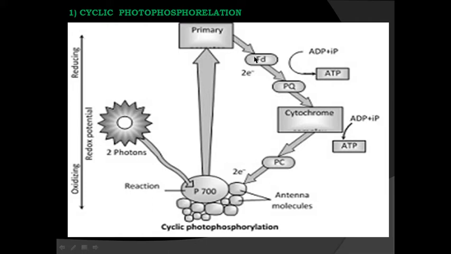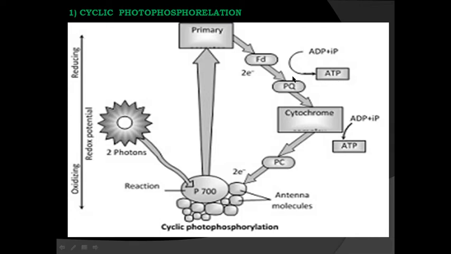Now it moves towards ferredoxin, then plastoquinone. In between ferredoxin and plastoquinone, a small amount of energy is released by these electrons, and this released energy is captured by ADP and inorganic phosphate, which is already present in the thylakoid, and converted into ATP, adenosine triphosphate.